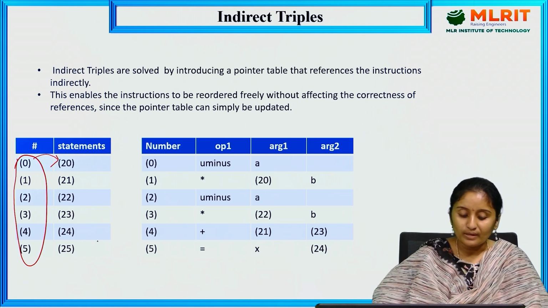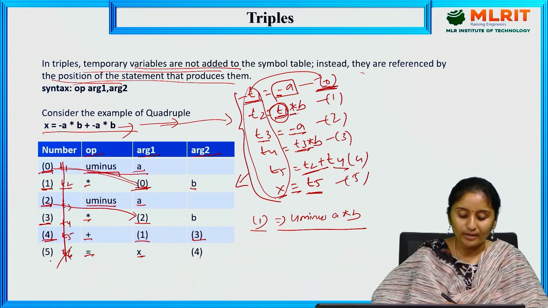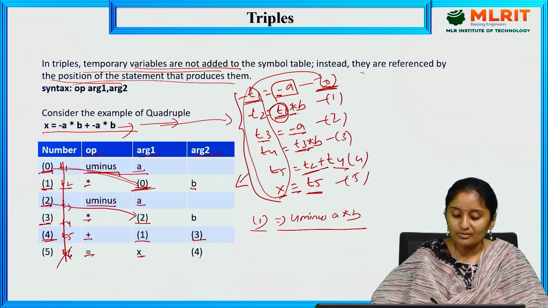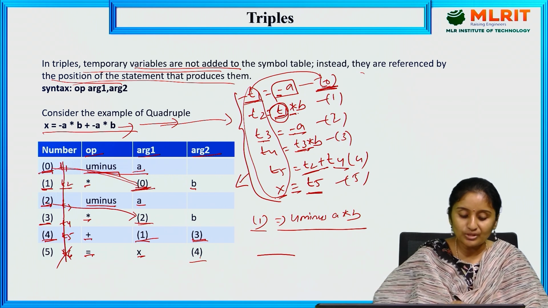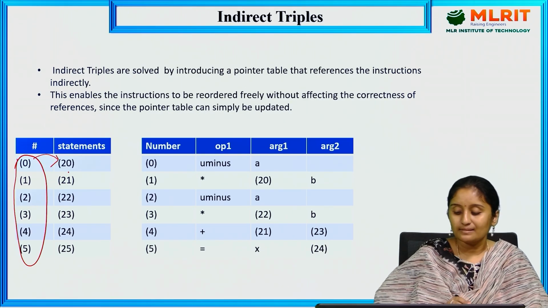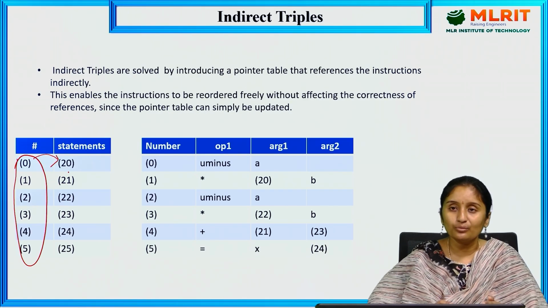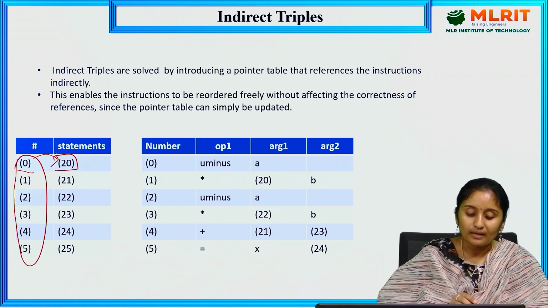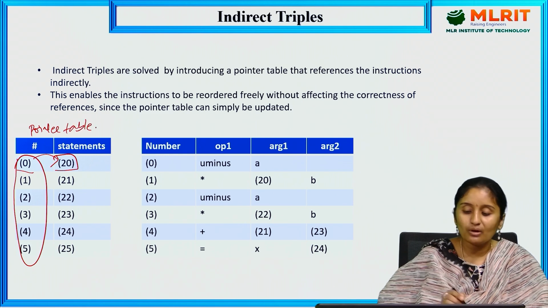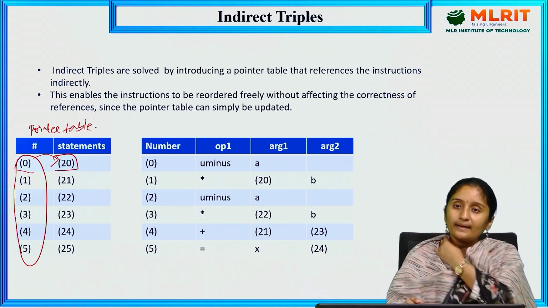See here, we have mentioned 0, 1, 2, 3, 4, 5. So in place of 0, 1, 2, 3, 4, we are going to use addresses here. Instead of using 0, 1, 2, 3, 0 means at the 0th position, what address is allocated? By using this pointer table, we are going to do the indirect triples.